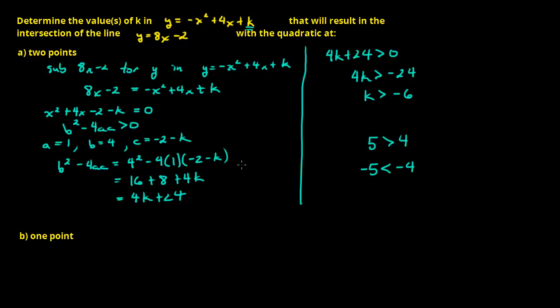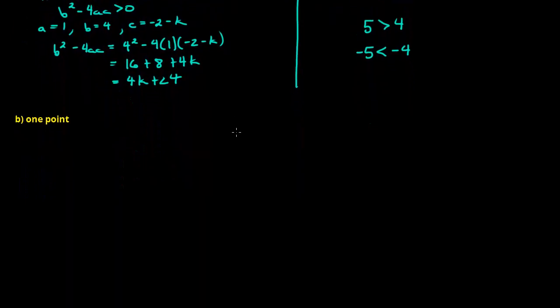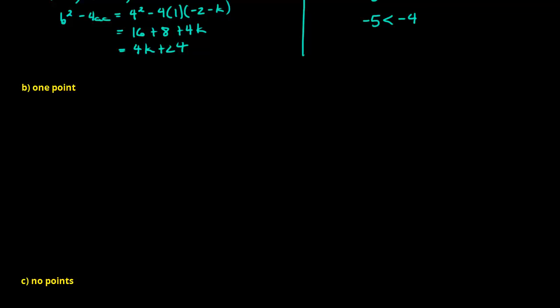So moving forward, it says determine the values of k that will result in the system of equations having one point of intersection. In this case, we know that our discriminant, b squared minus 4ac, should be equal to 0.